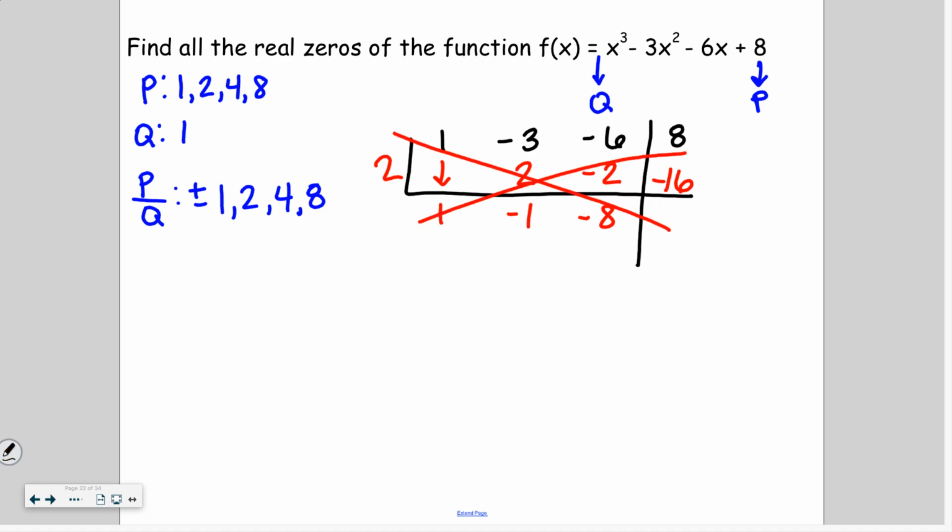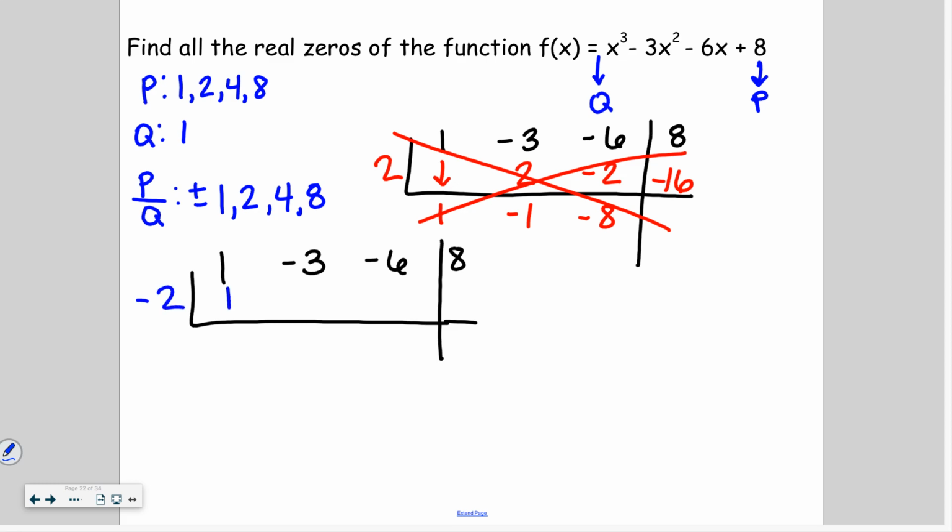All right, let's try another one. So we've got 1, -3, -6, and 8. All right, I'm going to try -2 this time. Okay, -2.